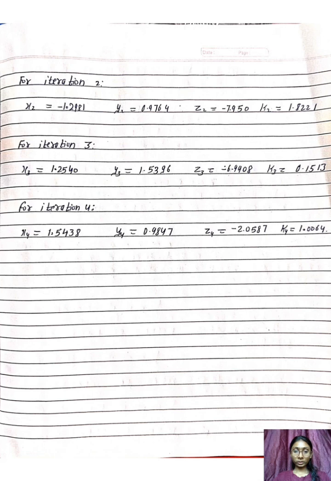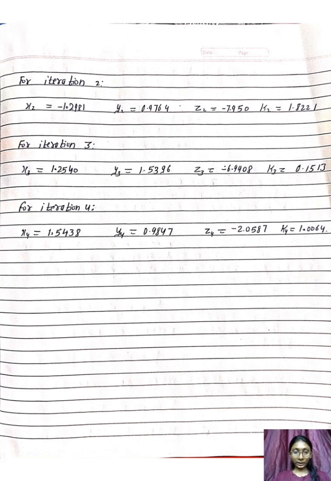In the third iteration we put the values of x2, y2, z2, k2, and we get x3 as 1.2550, y3 is 1.5396, z3 is minus 6.9408 and k3 is 0.1513.